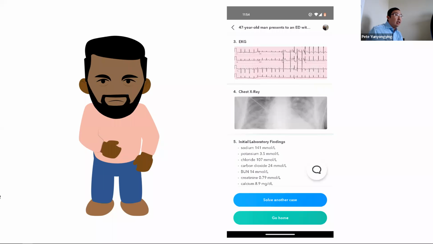What Human Dx has done is to take that concept and really distill it into short snippets of cases and commentary that you can access while waiting in the elevator for your next floor, or while you're waiting in line for coffee or something like that. So it's a very valuable learning and teaching tool.